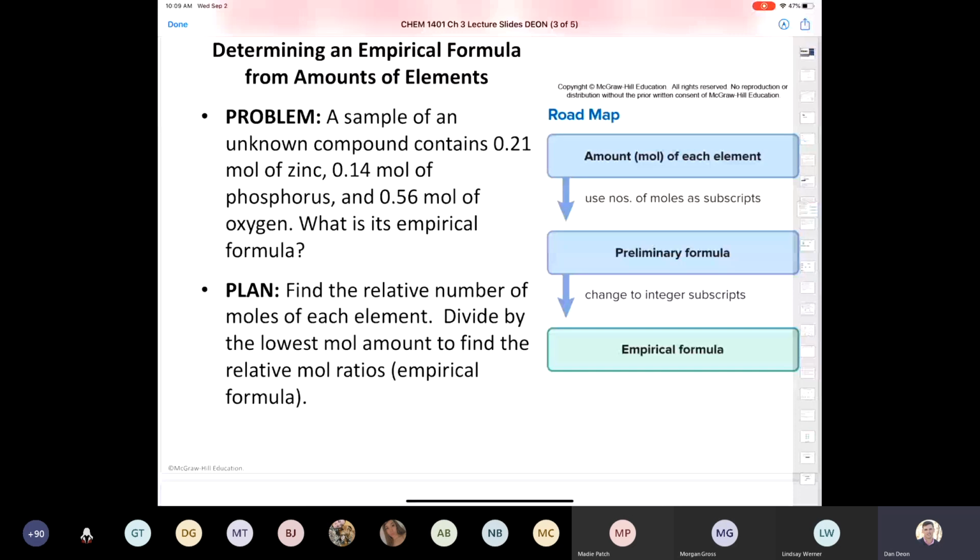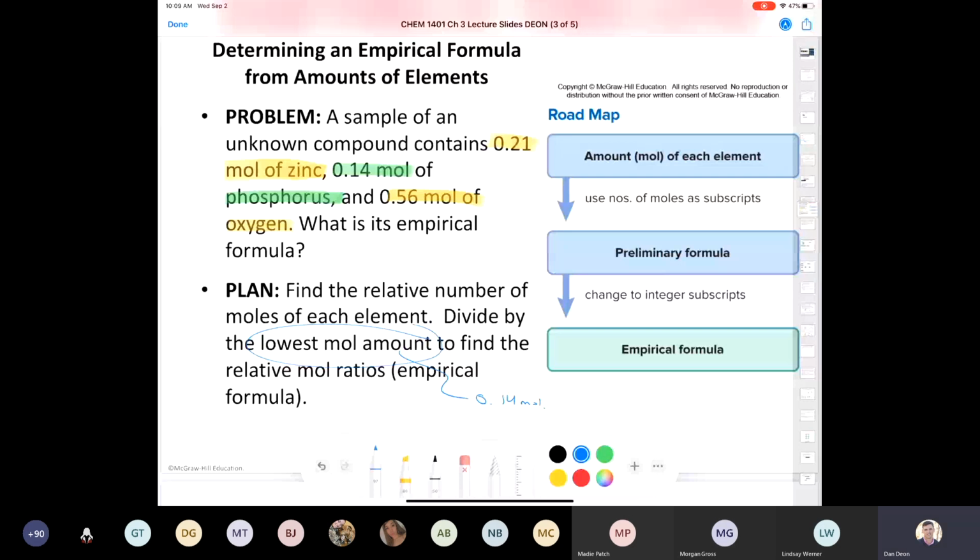So we have 0.21 moles of zinc, 0.14 moles of phosphorus, and then 0.56 moles of oxygen. Okay, so it says to divide by the lowest mole amount. What's the lowest mole amount out of all three of those? It's 0.14, right? And so let's give it a try.